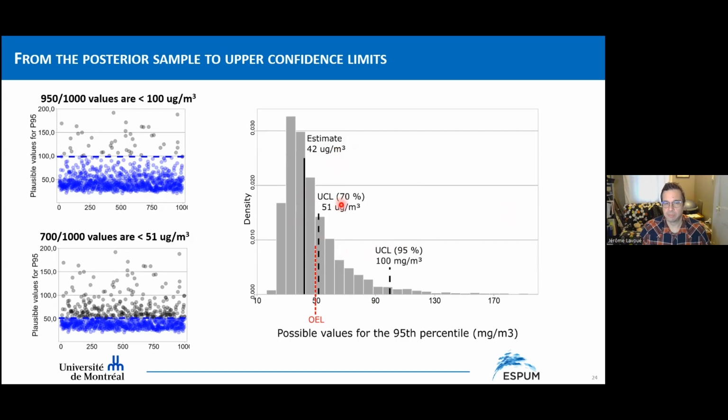A 70% upper confidence limit is 51, and a 95% upper confidence limit is 100. But I'm sorry, there's a small mistake in the unit here. It's micrograms. And so you see, we can use the posterior sample of 1,000 values in this case to obtain the traditional point estimates and confidence limits.